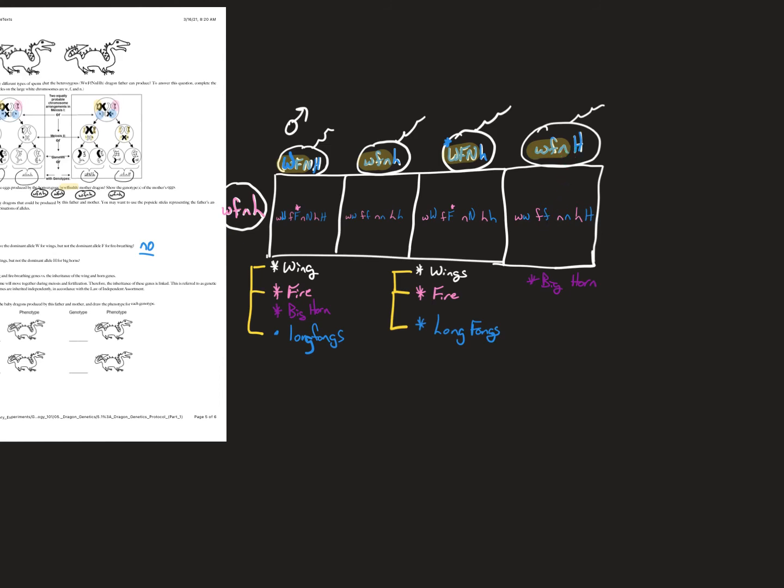You can get a big horn, or you can get a little horn with wings, fire breathing, and long fangs. Or you can get a big horn with all three. So big horn can have all kinds of variety because they're on a completely separate chromosome. But these three are linked, so they're going to move together. Wherever you have wings, they have fire and long fangs. You have long fangs, you have fire and wings. Why? Because they're linked.